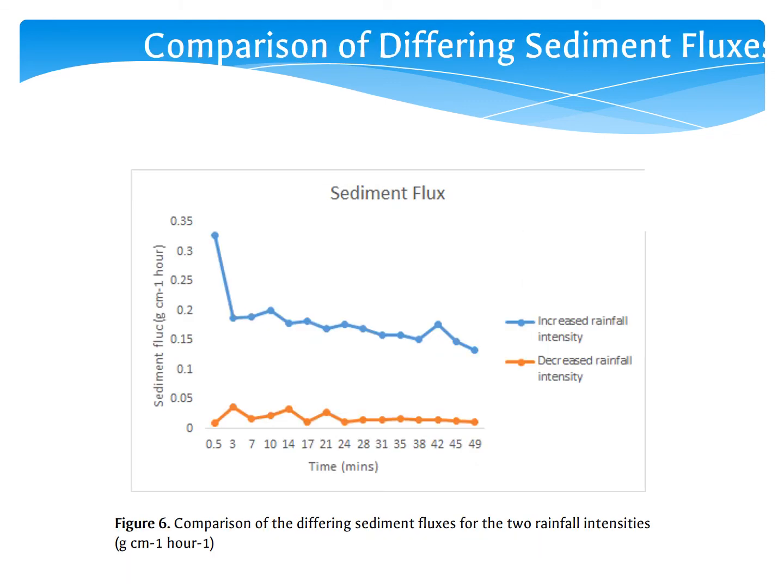The effect of different rainfall intensities upon soil erosion was then investigated, which found that an increased rainfall intensity resulted in a far greater sediment flux rate. The rainfall intervals of 10 seconds showed no major trend through time, whereas with the increased rainfall intensity of 3 seconds, a decreasing trend through time was observed. Therefore, our initial hypothesis was confirmed that increasing rainfall intensity resulted in a larger component of soil erosion.